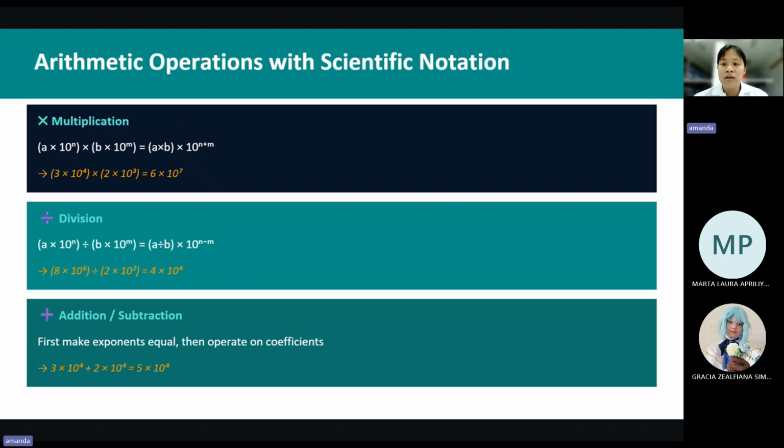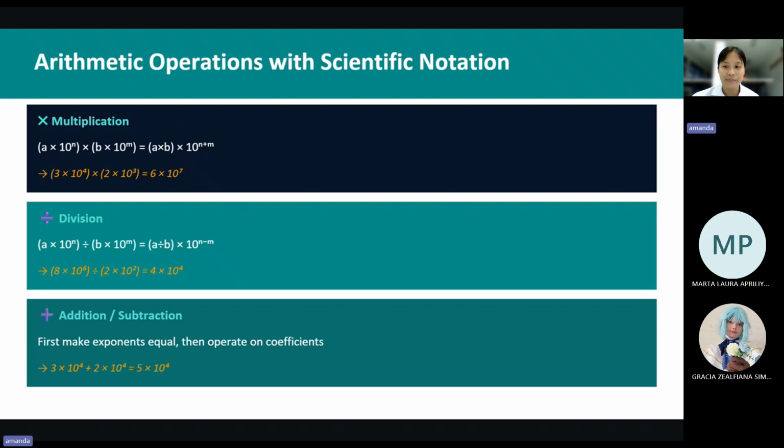Example: 3 times 10 to the power of 4 multiplied by 2 times 10 to the power of 3 equals 6 times 10 to the power of 7. Second, division. The rule for division is divide the coefficients and then subtract the exponents.